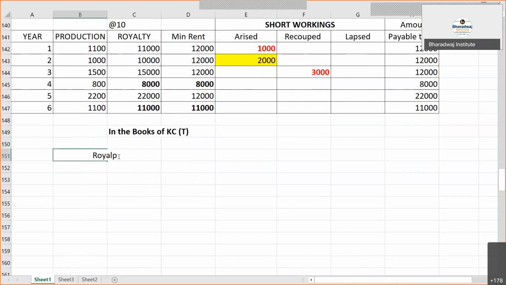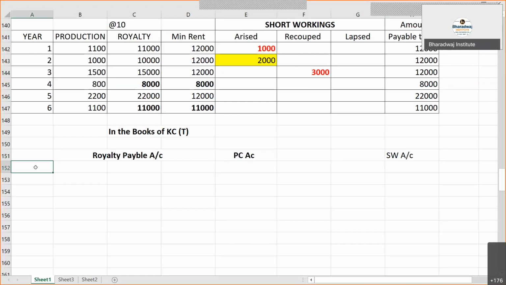Royalty account, landlord account, short workings account. Royalty payable account. Okay, the word is payable, but still it is a royalty expense. Then the landlord account. Then short workings account. You will maintain these ledger accounts.